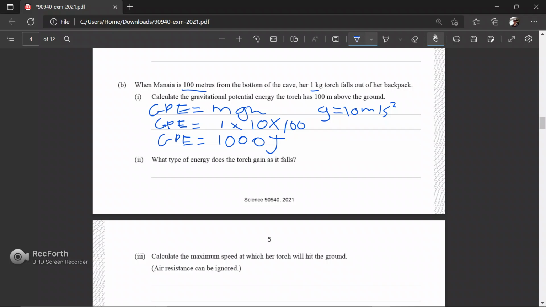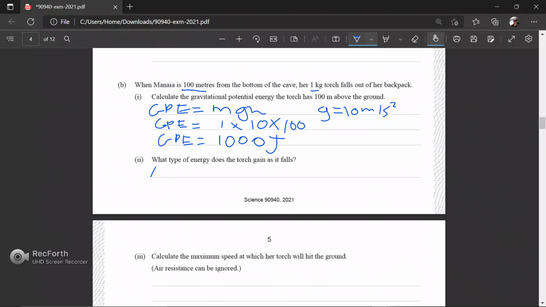Next up, it asks us what type of energy the torch gains as it falls. So in level 1 mechanics, you just need to know the two different types of energy, which are gravitational potential and kinetic energy. Gravitational potential energy is stored in objects that are held above the ground, and kinetic energy is stored in moving objects.